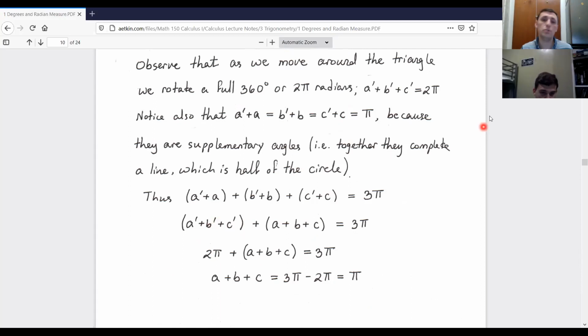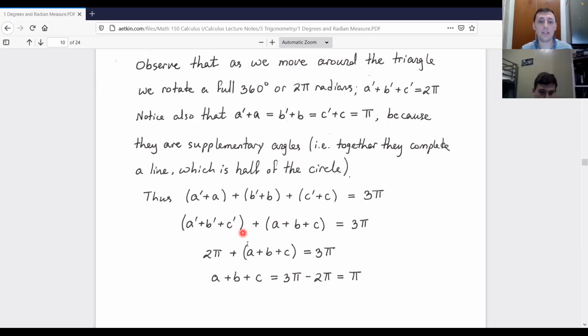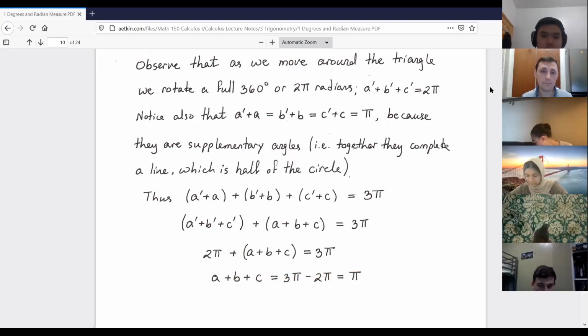I don't know individually what they are, but I know together they must add up to 2 pi. Clear? And so what do you get? You get that A plus B plus C is 3 pi minus 2 pi, or pi. Isn't it amazing? Very easy proof, and now I see why a triangle has inner angles adding up to pi.